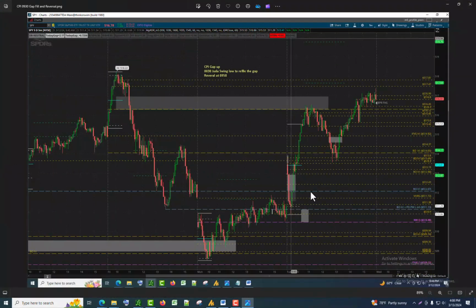Right here, that's the setup that we did yesterday. CPI gap up, swing low to refill the gap, and the reversal is around 10 minutes before 10. So either 10 minutes before 10 or 10 minutes after 10. That should also be a time window we're looking for.